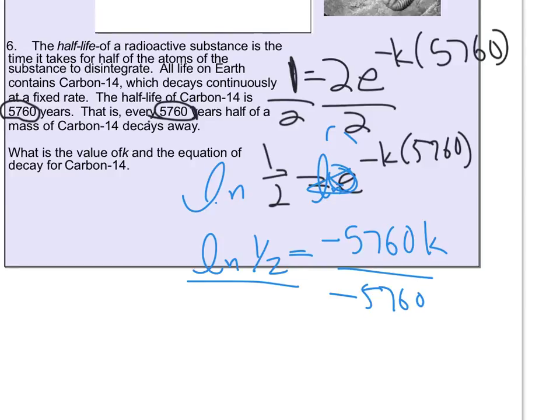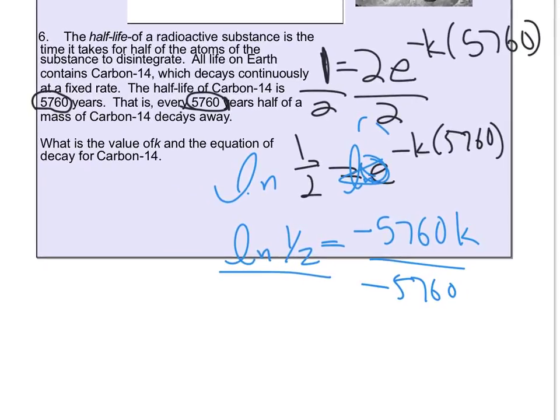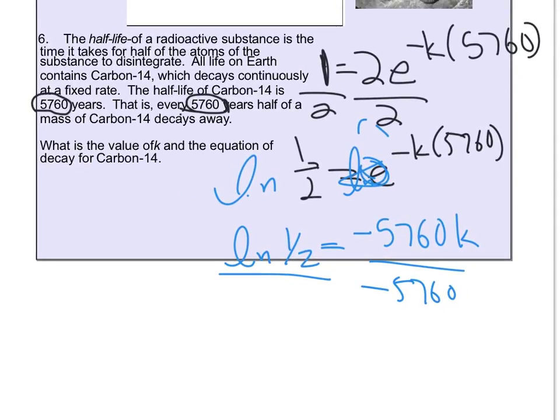So I take the natural log of 0.5 divided by negative 5760, and I get a ridiculously small number. Hold on, I'm going to divide that first. It bothers me. 0.000120. That is my rate k right there.